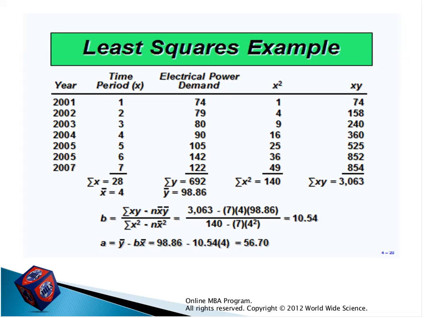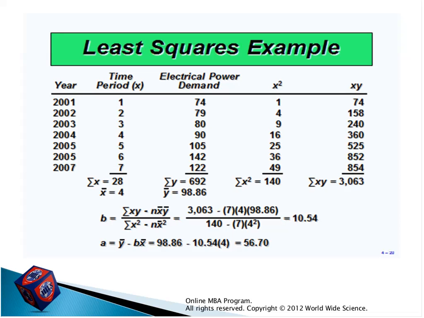We write it here, minus n. N here is 7 because we have 7 years, 7 periods of time. Multiply x bar. X bar was calculated as 4. Multiply y bar. How much is y bar? 98.86.